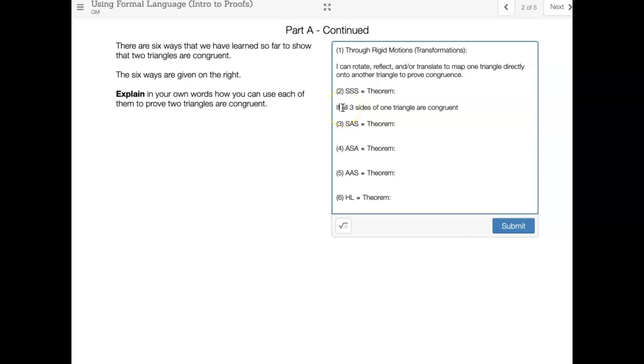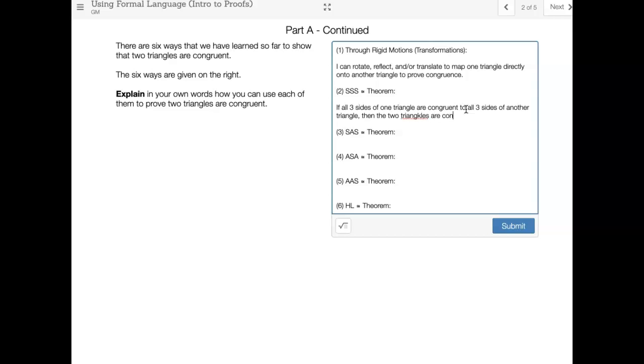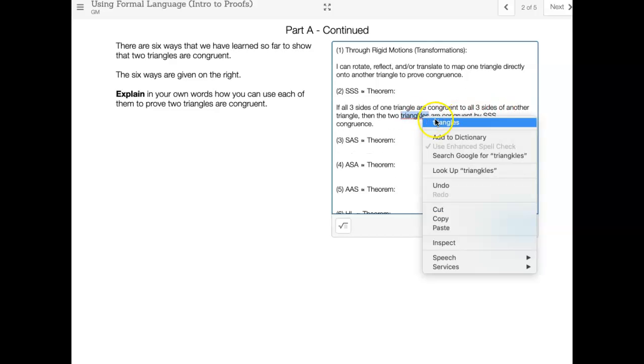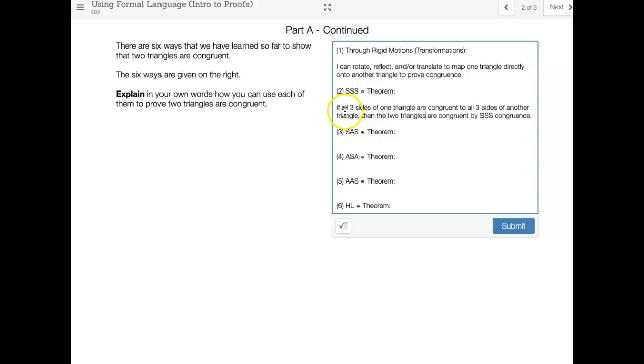So again, side congruence theorem says if all three sides of one triangle are congruent to all three sides of another triangle, then the two triangles are congruent by side congruence.